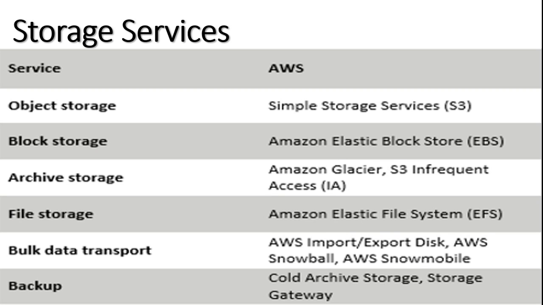Next up we have archival data, which is archive storage. We have Amazon Glacier and S3 Infrequent Access. Amazon Glacier is like a cold storage.